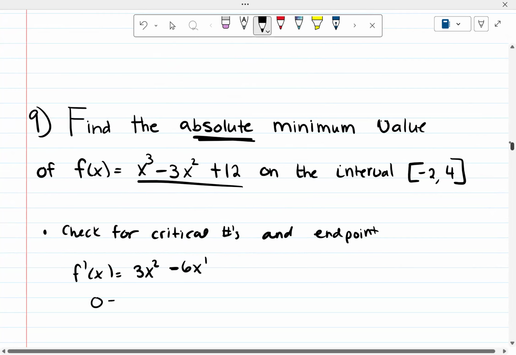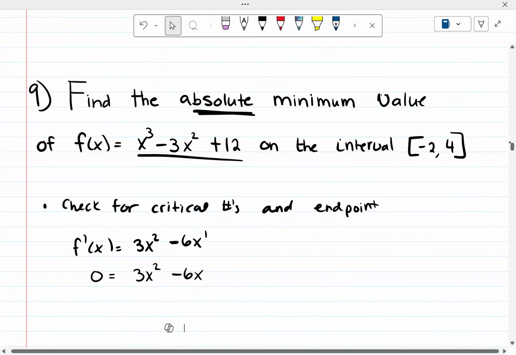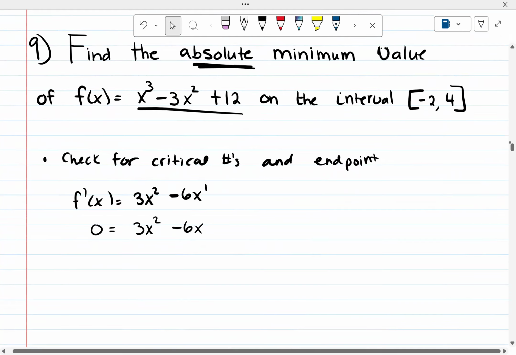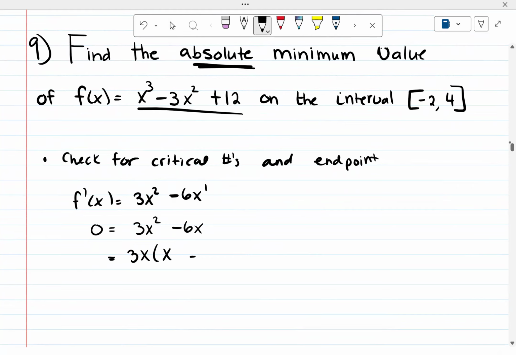And then set that to 0, and then you're gonna solve for x. So it's 3x, and then this is gonna be x minus 2. Set this to 0, and then 3x equals to 0, and then x minus 2 equals to 0. And when you solve for x, you're gonna divide this by 3.